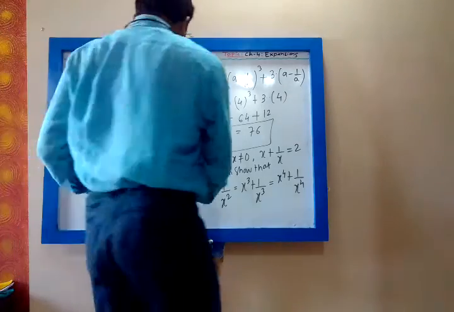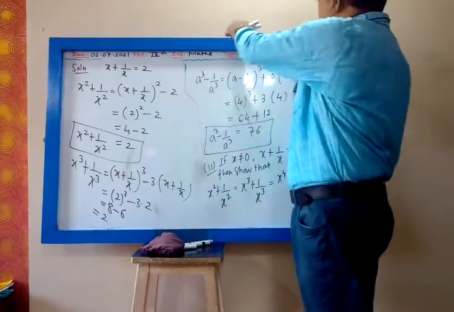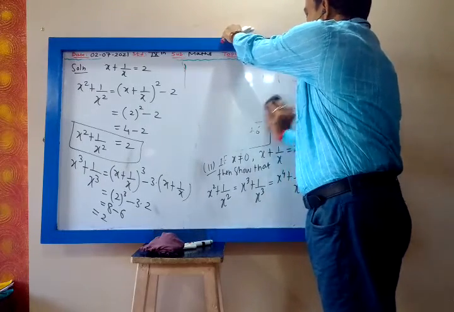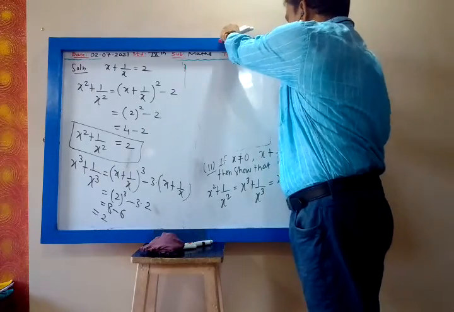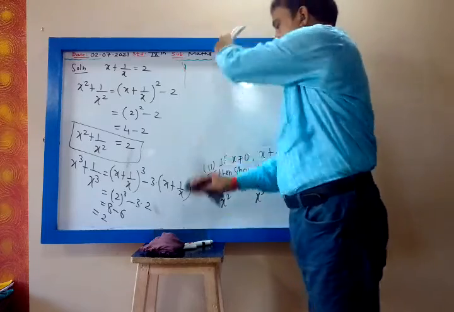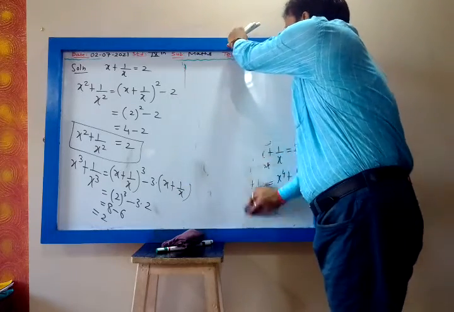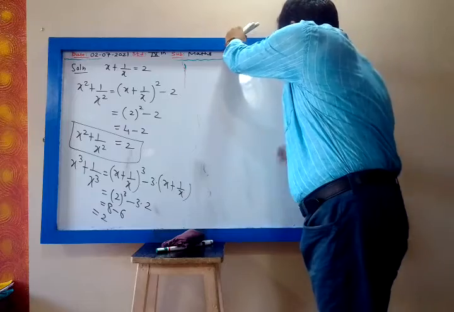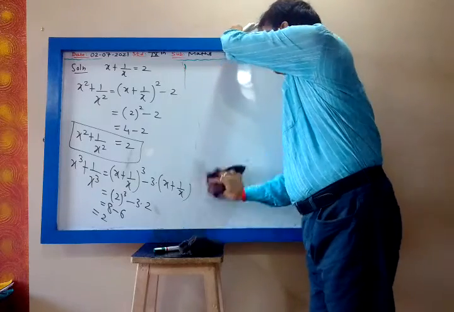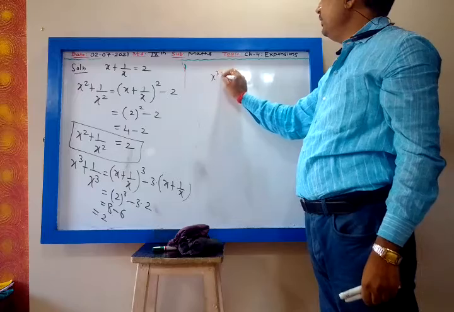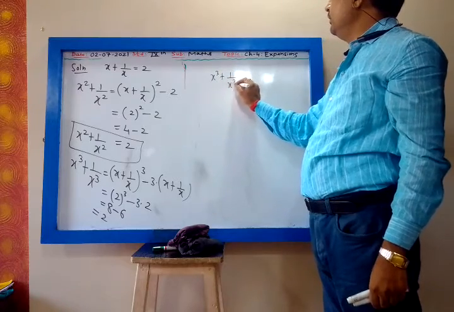So x cube plus 1 upon x cube is also 2. Correct.